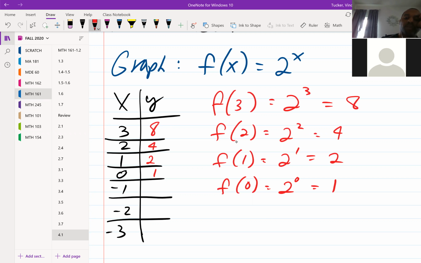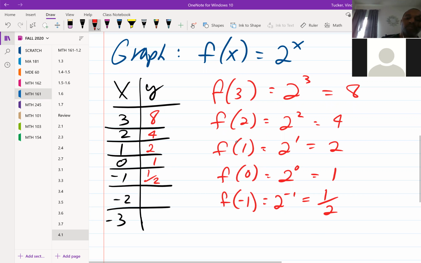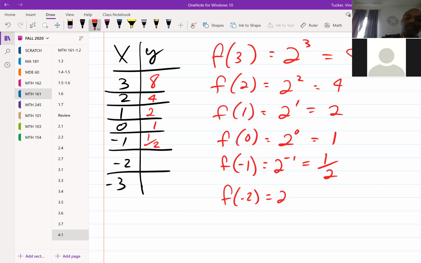All right, so plugging in -1, that's 2 to the negative first power. To get rid of that negative exponent, you drop it down to your denominator. So that's 1/2. Plugging in -2, 2 to the negative second power, 1/2 squared, and that's 1/4.